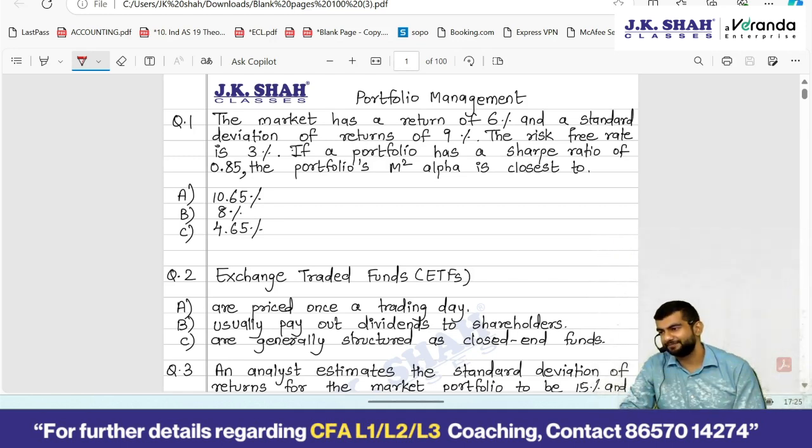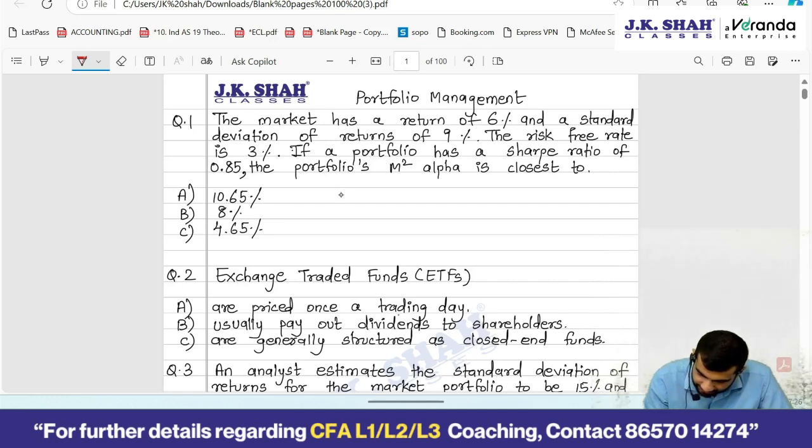Now see, M square. When I was explaining the concepts, I told you that M square gives you the same ranking as the Sharpe ratio, just that it is in percentage terms. Now, the M square formula is what? Sharpe ratio of the portfolio into standard deviation of market plus the risk-free rate.